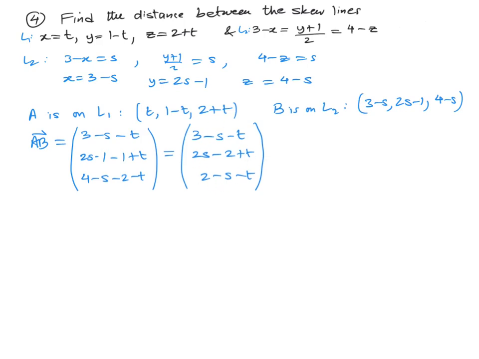So V1 is, let's see, (1, -1, 1), the direction vector for line 1. And then V2, again, it has to be written in the x equals y equals z equals version. Can't read it off of here. (-1, 2, -1).